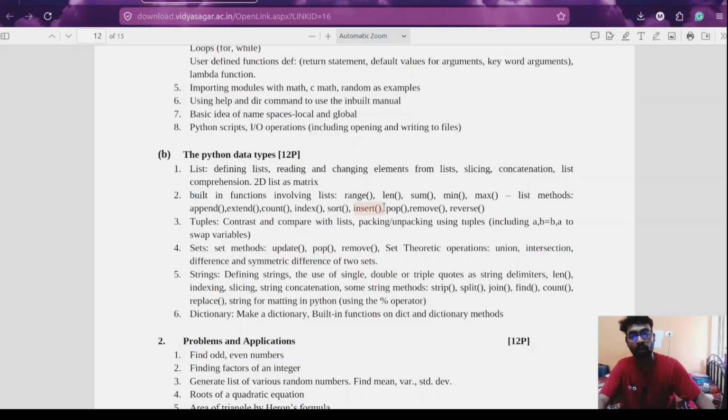Let's say you have a file and you are trying to insert some arguments, trying to find out some value of these parameters. This is very important. Then remove and also the reverse function.